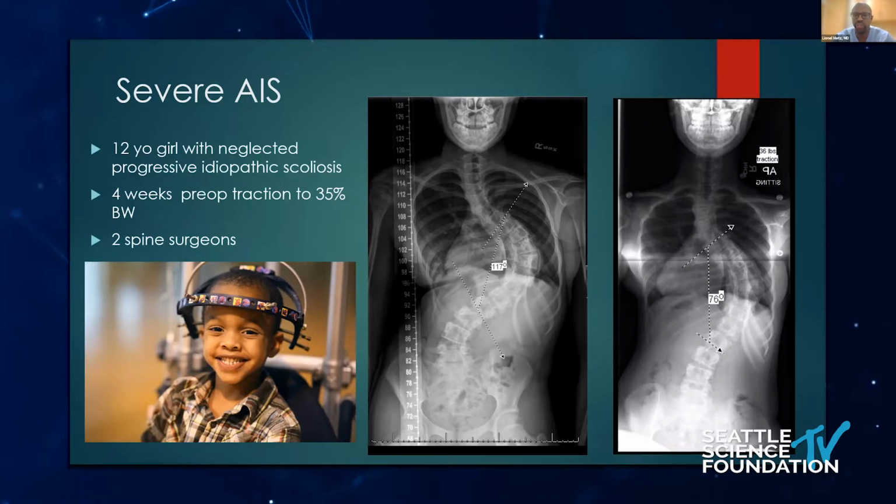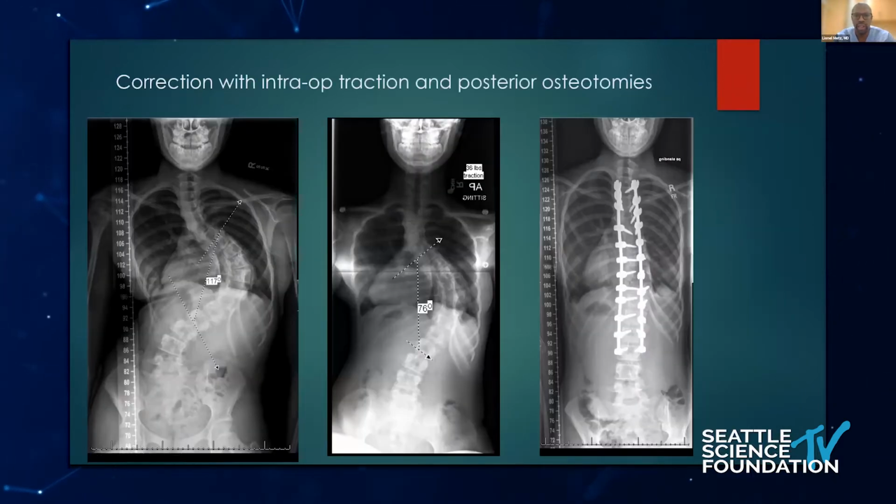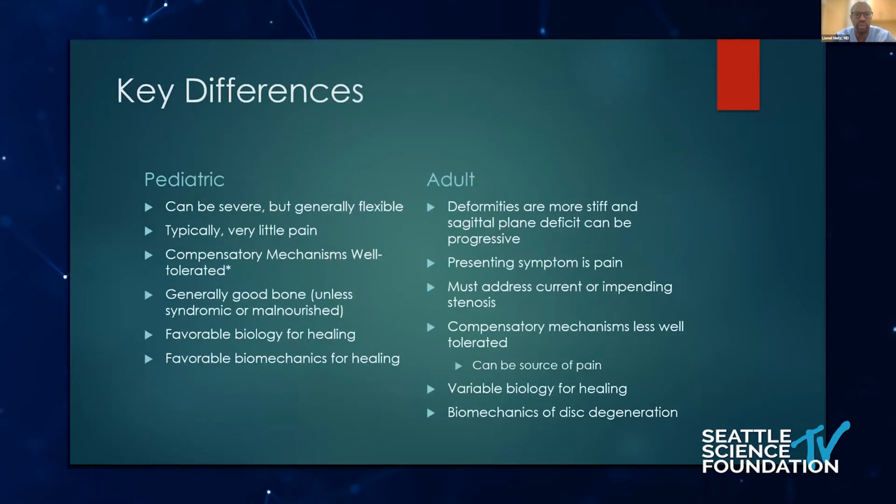We can reduce the severity of her deformity to a very treatable magnitude over a course of 4 weeks and get a reasonable clinical result without much risk to the patient. So much different than what we would need to do if this patient had progressed into adulthood, where traction may or may not work and we'd be dealing with a much more stiff deformity.